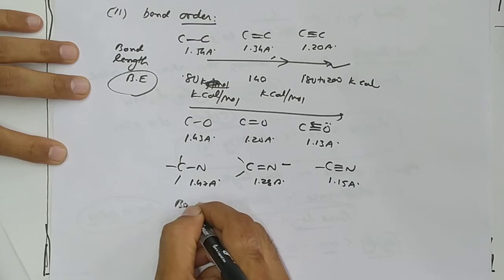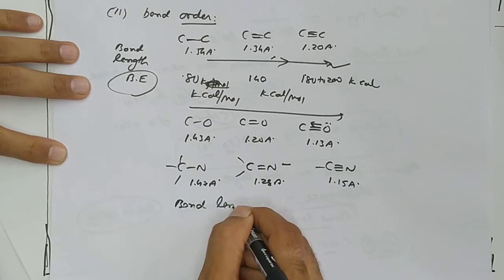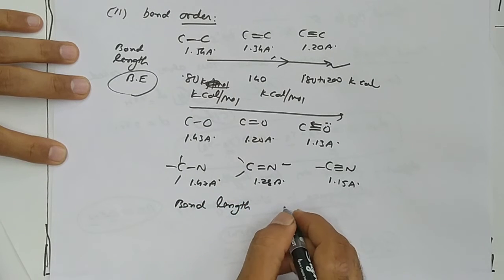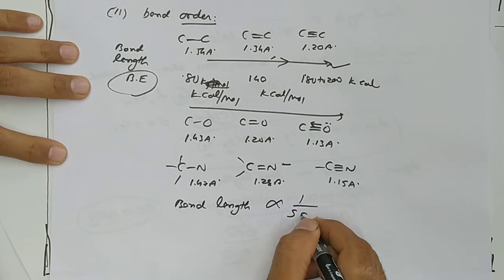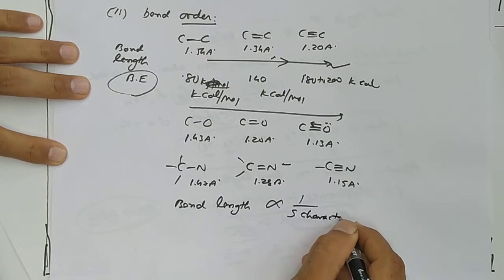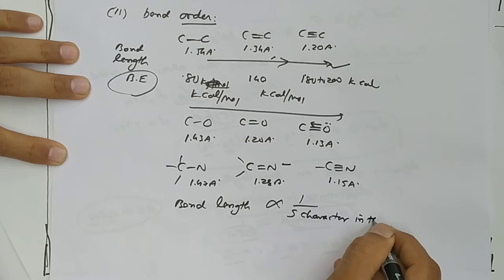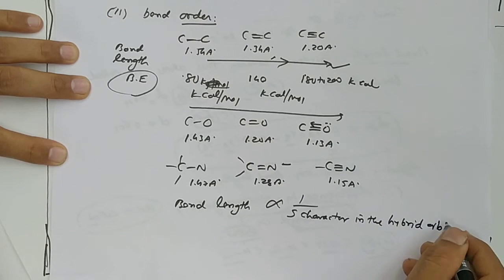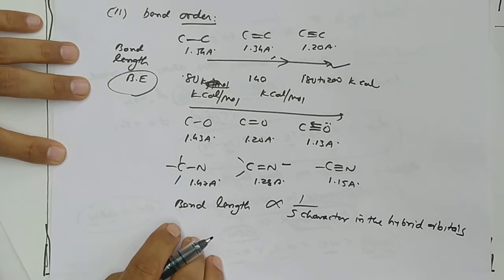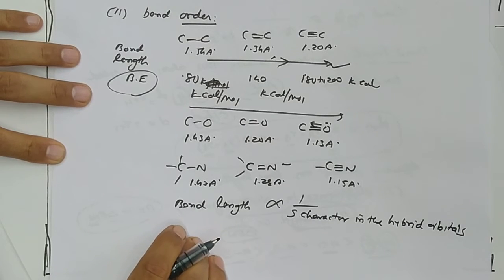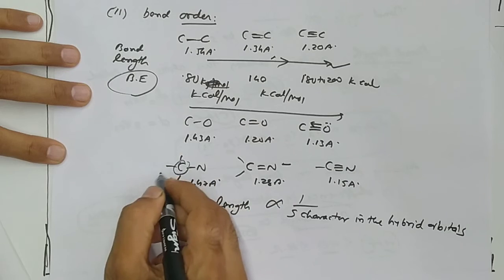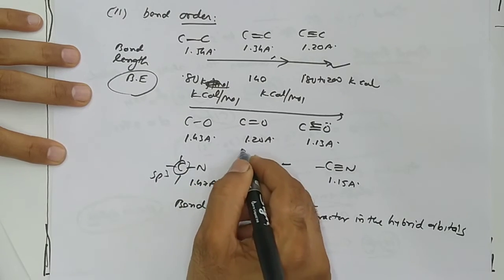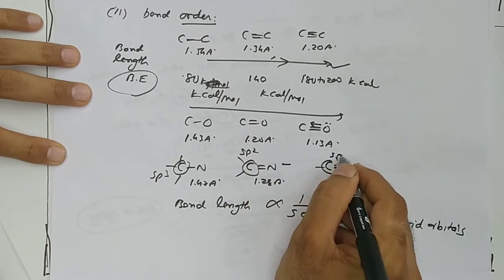So bond length is also inversely proportional to the S character in the hybrid orbitals. Here is hybridization sp3, here is sp2, here is sp.